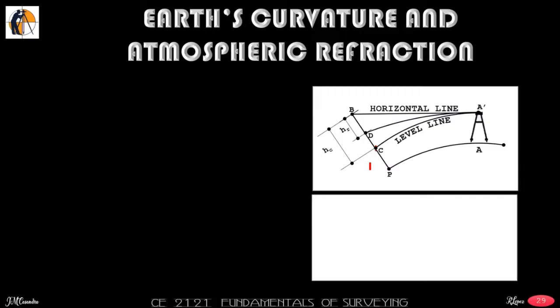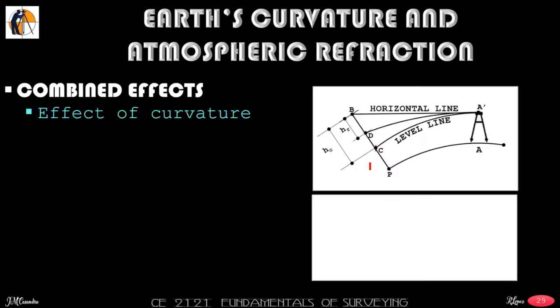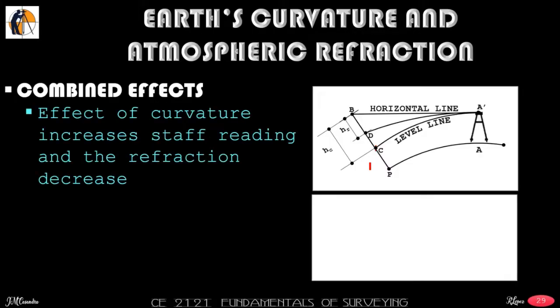So HR is the difference between B and D. HC is the difference between B and C. For the combined effects of refraction and curvature, the curvature would increase our staff reading, and the refraction would decrease our reading. So as you can see, curvature is greater than refraction.